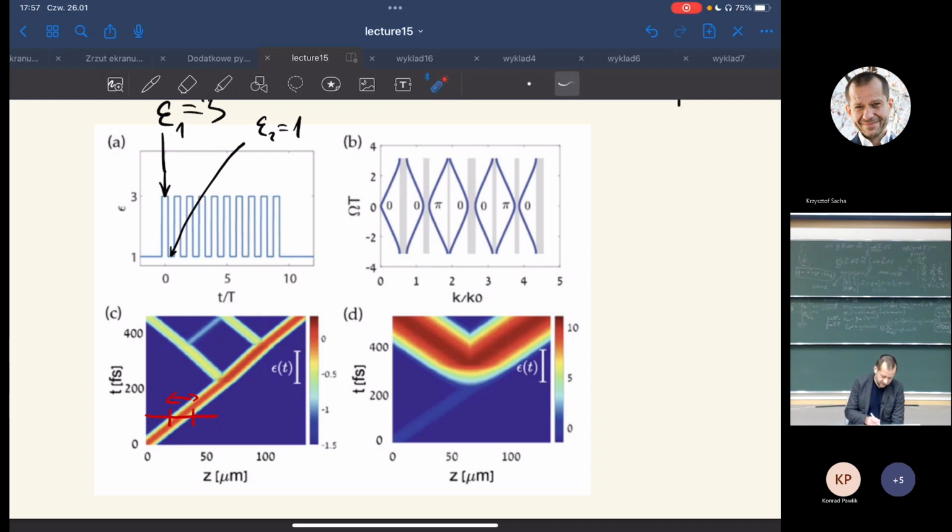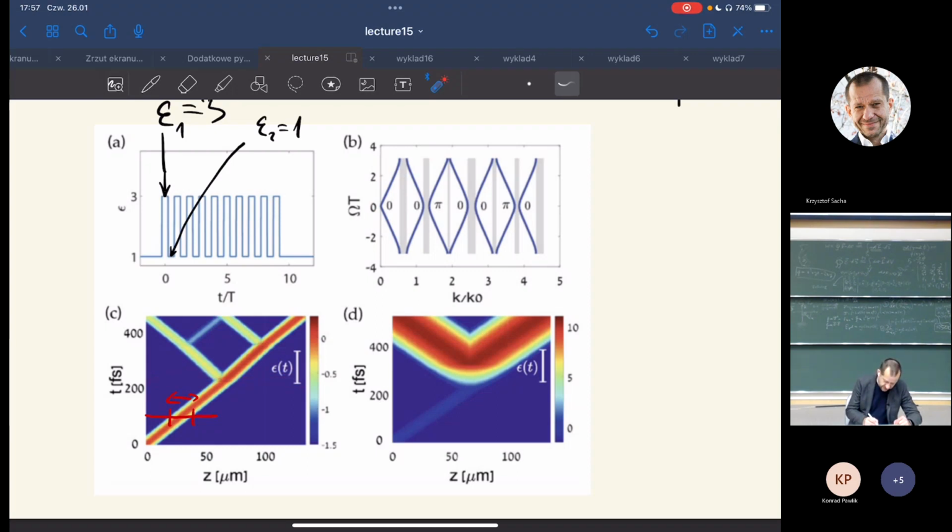Of course, this wave packet is a superposition of many different waves, but we assume that there is some central wave number. There is some spreading, and all of them are located in a certain frequency band. So what happens when we turn on the time crystal?